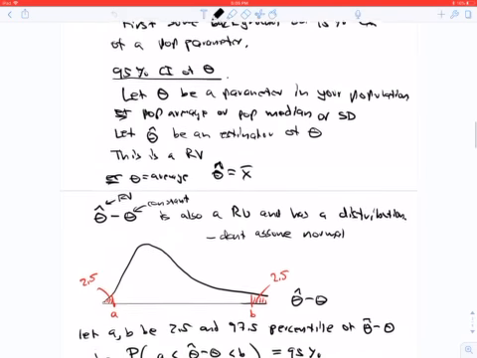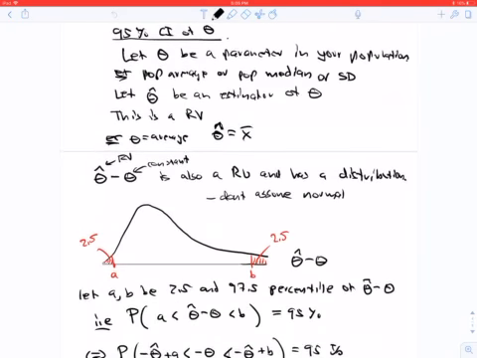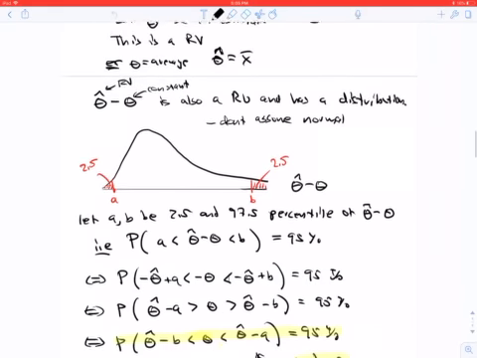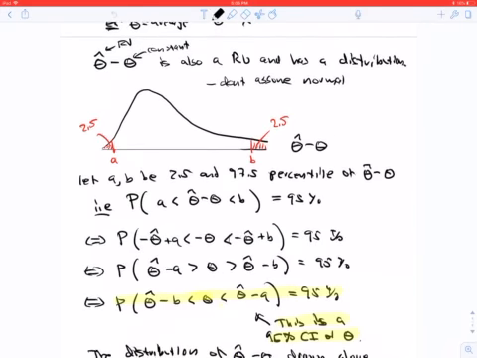So let's first talk some theory about what a 95% CI is for a general population parameter. This will mirror what we did for the population mean in chapter 7. So let's take a look at theta hat minus theta, which is a random variable.